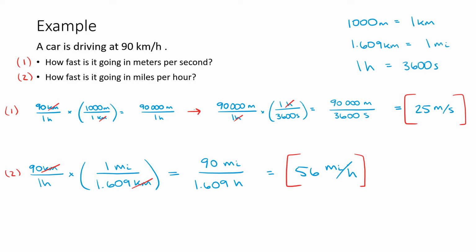So there's hours already on the denominator. We don't have to do anything to that. We do have to turn the kilometers into miles. That is this conversion rate right here. And so we want to cancel the kilometers out.